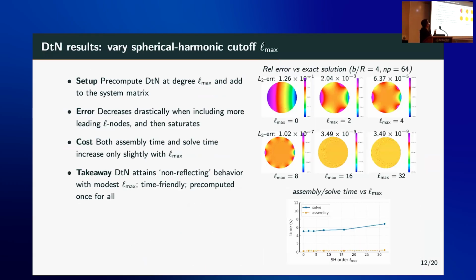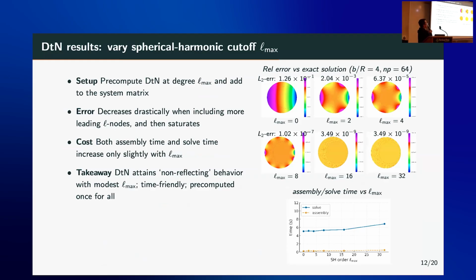Based on the test problem, we compute the pointwise errors as well as the global L2 error. You have to choose a cutoff degree to build the operator and add it to the system matrix. We can see that the error decreases drastically when the leading modes are included.